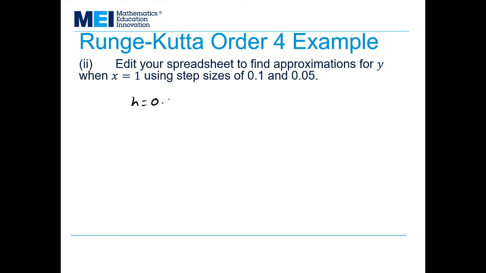So for h equals 0.1, I got the value y equals 1.9048294, and for h equals 0.05, I got y equals 1.9048290.